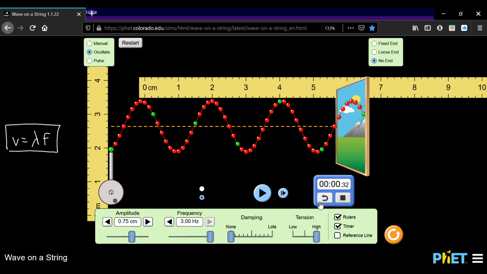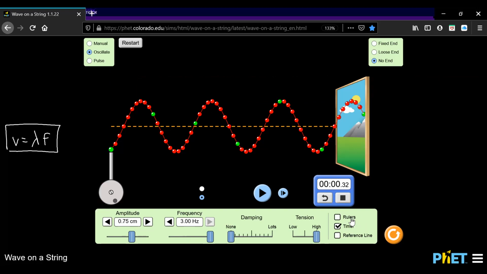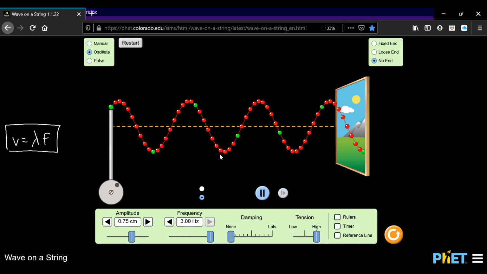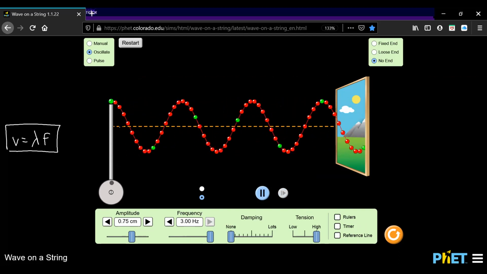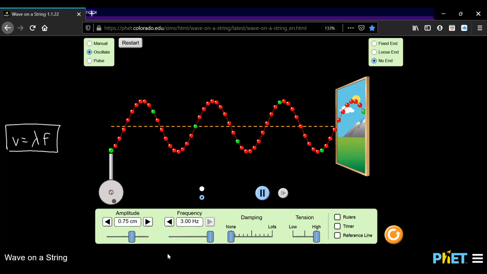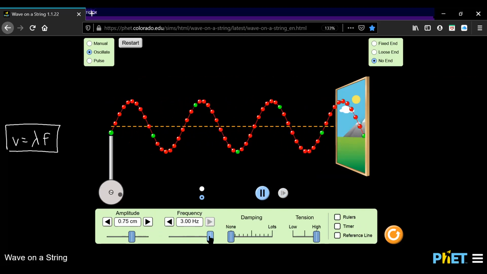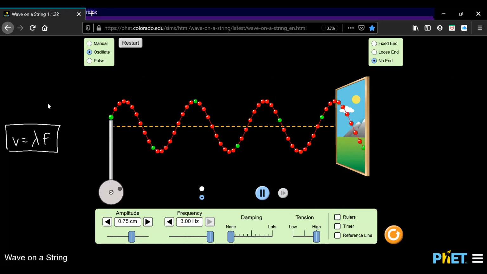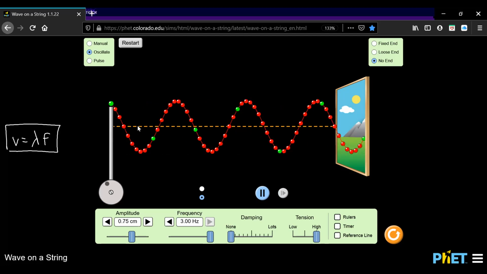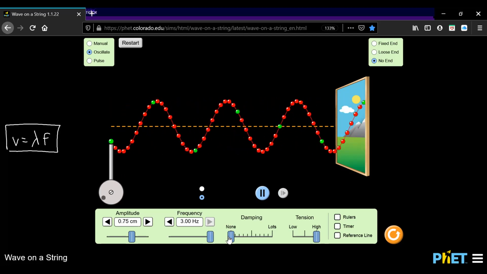And so even though, as I get rid of all this other stuff, it's certainly waving a lot faster, the whole wave is moving at the same speed. Okay, the maximum speed of a single point is definitely faster at higher frequency, right? If I lower the frequency, you certainly see that the maximum speed of a single point is slower.